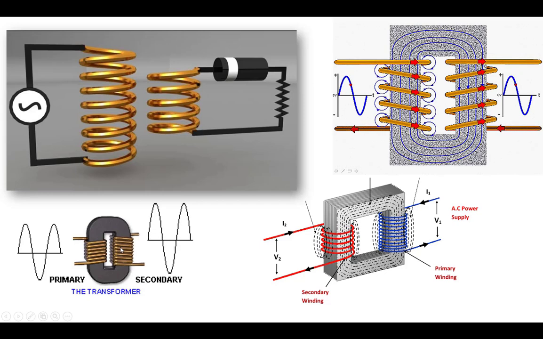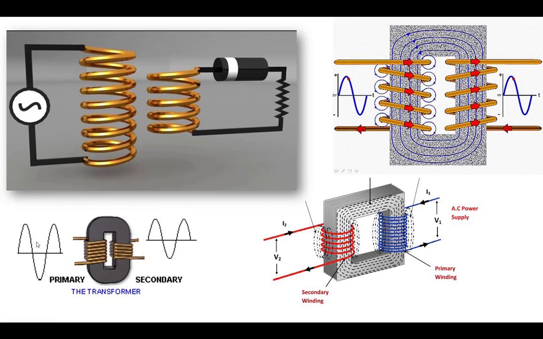We can see that when the greater number is on the secondary side, so is the greater voltage. And when there's a smaller number than the primary, then the voltage is smaller than the primary, and that would mean it would be a step-down transformer.